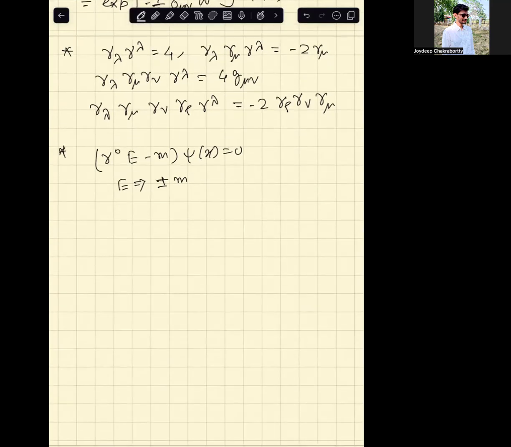With the positive and negative, we can define states, and we can define E_p having the positive energy solutions, and another E_p with the negative energy solutions.